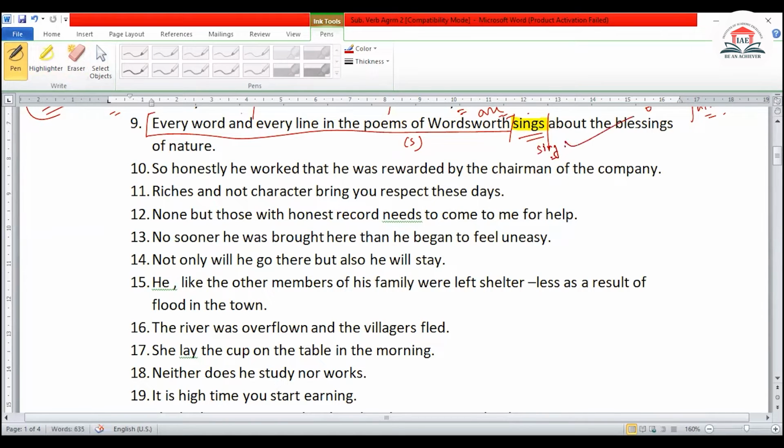This is a singular verb and it is correct. No error. Why? See, after every or each, it is a turn of noun or pronoun. So my subject is complete.